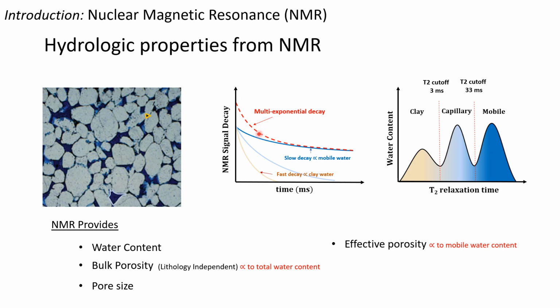As I mentioned before, water in the large pores will have a very long relaxation decay, and water in the very small pores will have a very short relaxation decay. So basically, from this multi-exponential signal decay plot, we can reflect the pore size distribution in our volume of investigation.